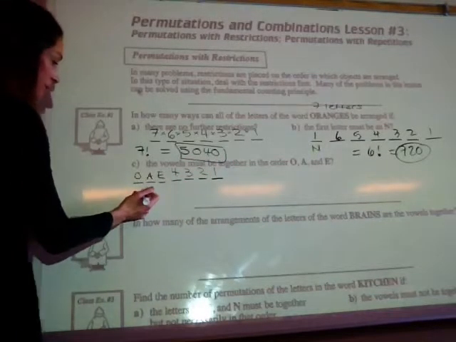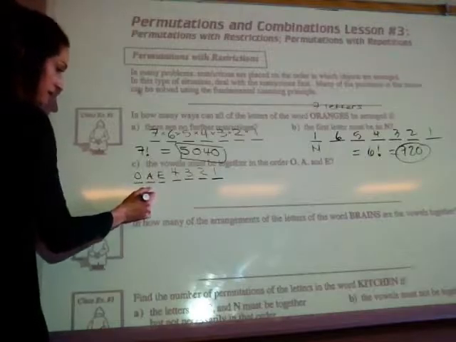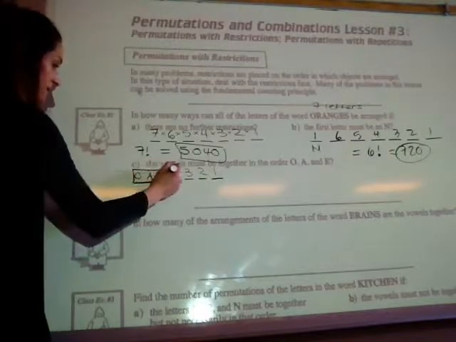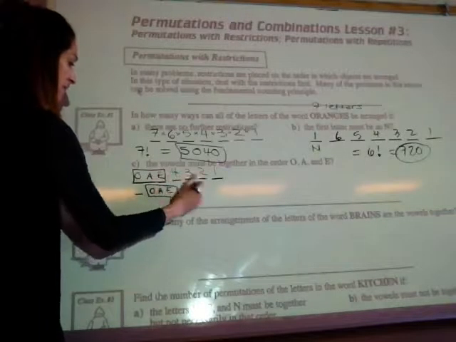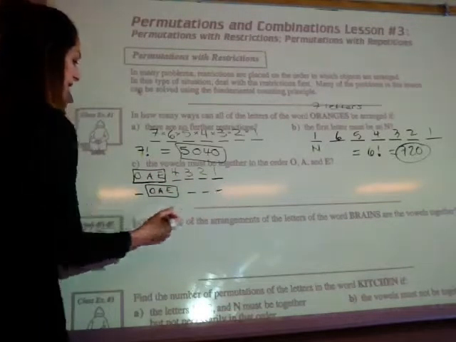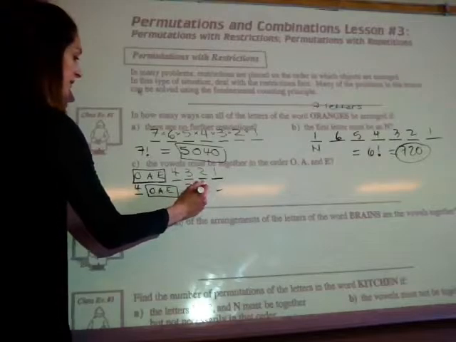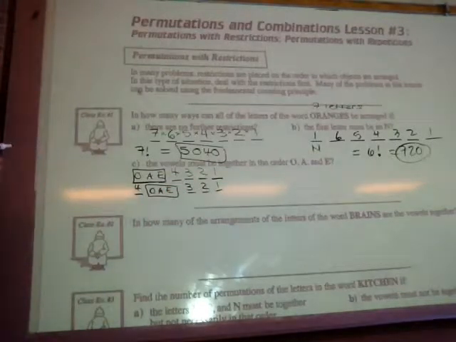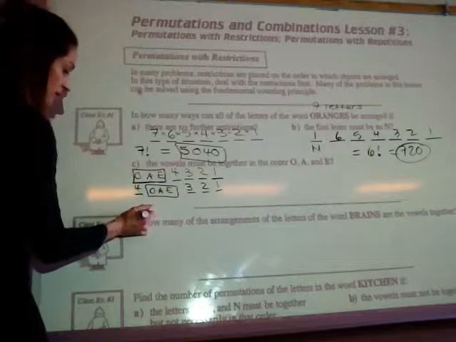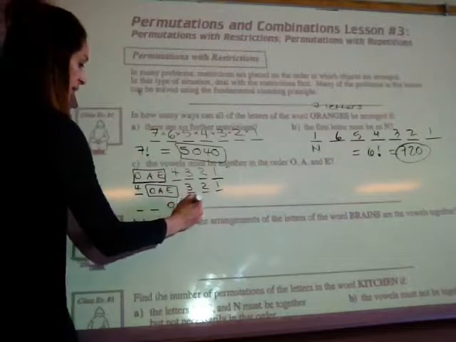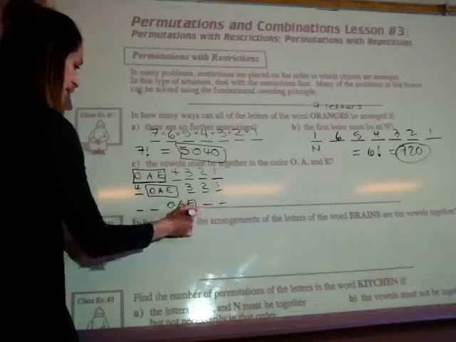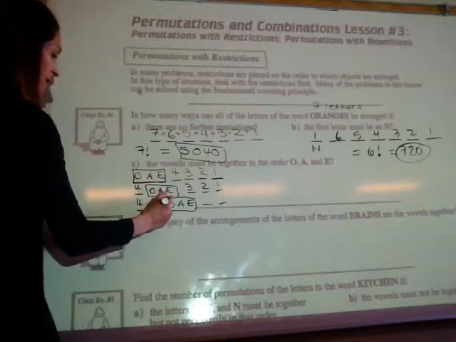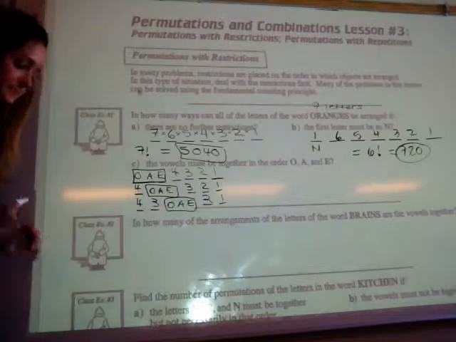But OAE could be the second letter in. Maybe I'll just put a box around OAE, and then we have 3 left, started with 4, then 3, then 2, then 1 choice. Or there could be 2 letters first, then OAE, then 2 letters following, so that'd be 4, 3, 2, 1.